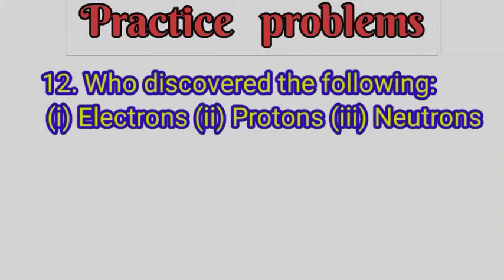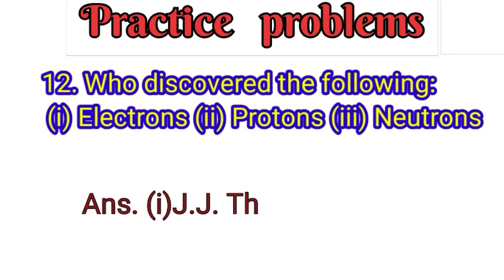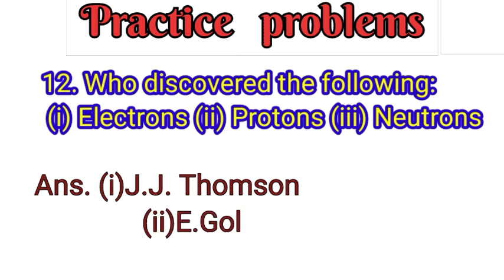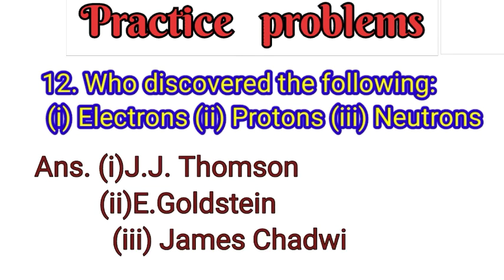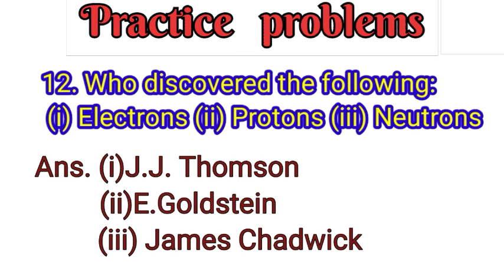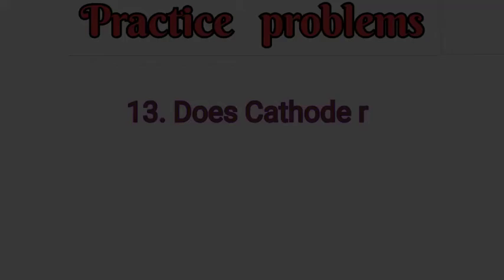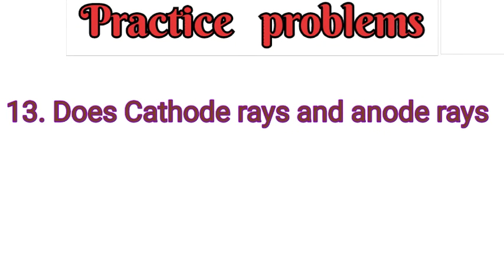Okay, so here we go with the answers. So electrons were discovered by J.J. Thomson, protons were discovered by E. Goldstein, and neutrons were discovered by James Chadwick, isn't it?